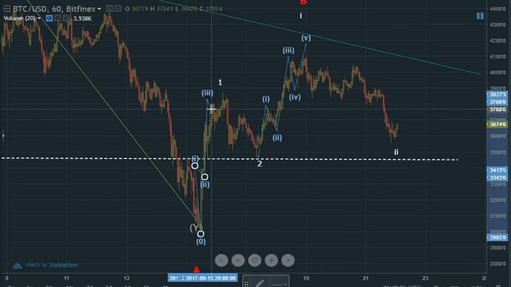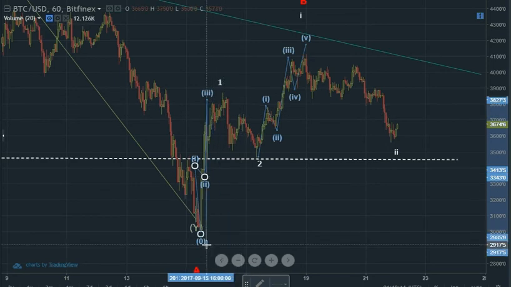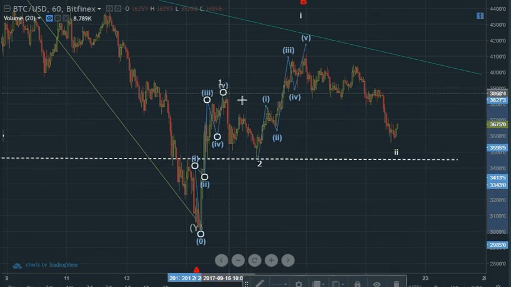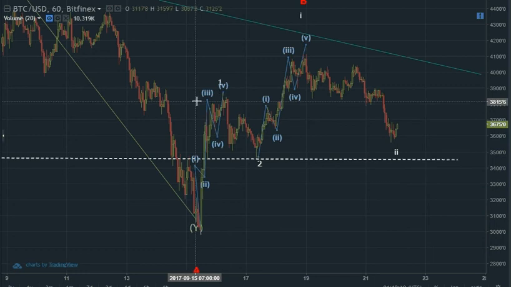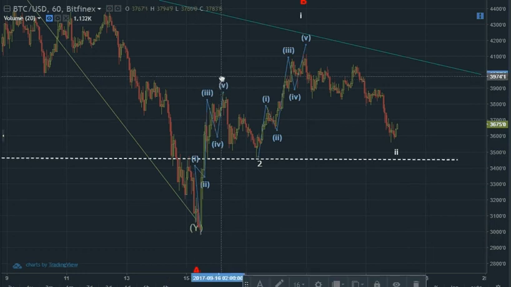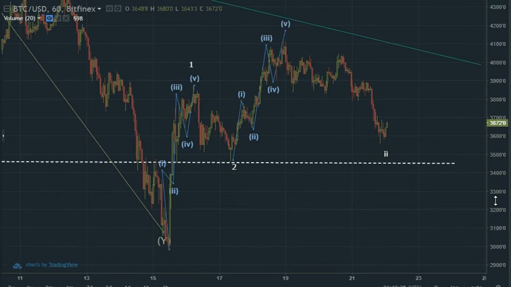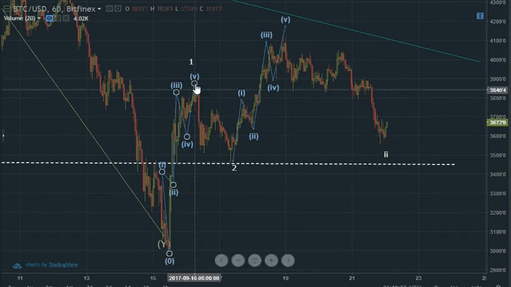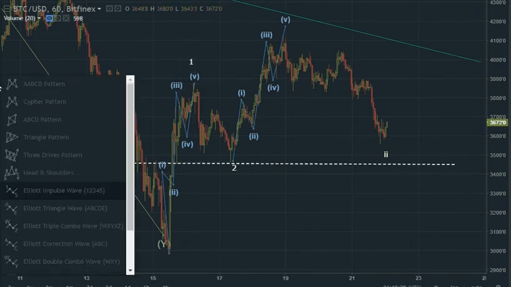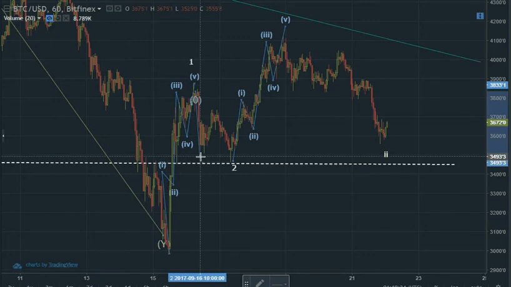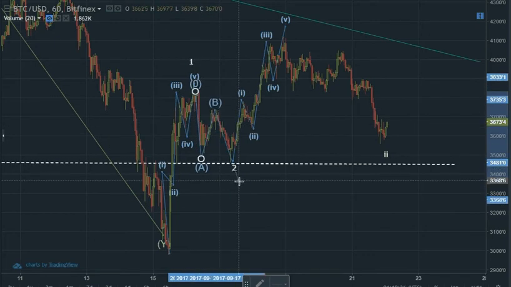I'm counting my clicks instead of the waves, the mouse clicks. 1, 2, 3, 4, 5. These 5 waves make up this wave 1, which is 5. And I see A, B, C.